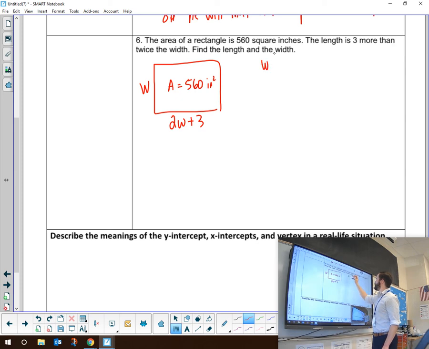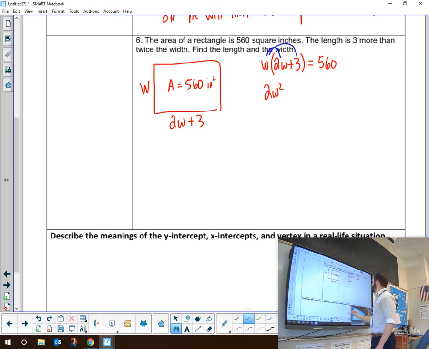So we go width times 2w plus 3 equals 560. And then we can solve it, just like we've been solving our quadratics by factoring and all of that. So let's do that real quick. We're going to distribute. We're going to go w times 2w is 2w squared.